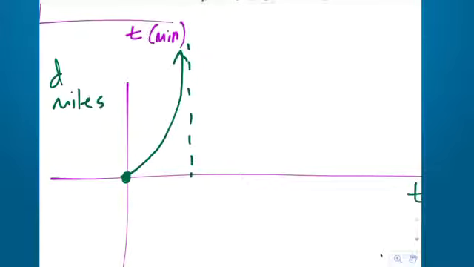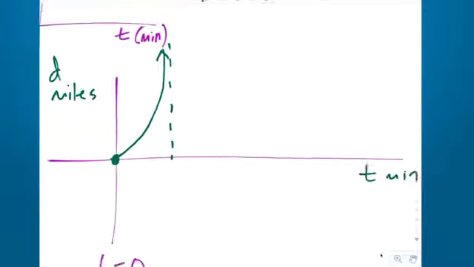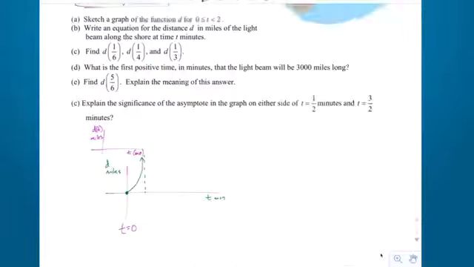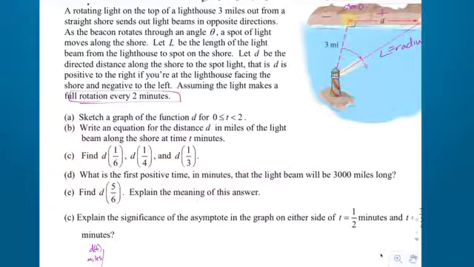Well, I'm not going to label this down here as 90 degrees, and I'm not going to label it as pi halves radians either, because what are we measuring on our axes? Time. So I need to figure out using the angular velocity how long is it going to take for this lighthouse to rotate through 90 degrees if it makes a full rotation in 2 minutes?